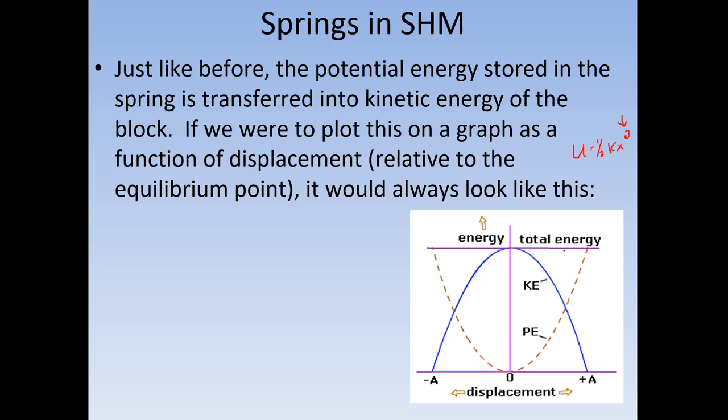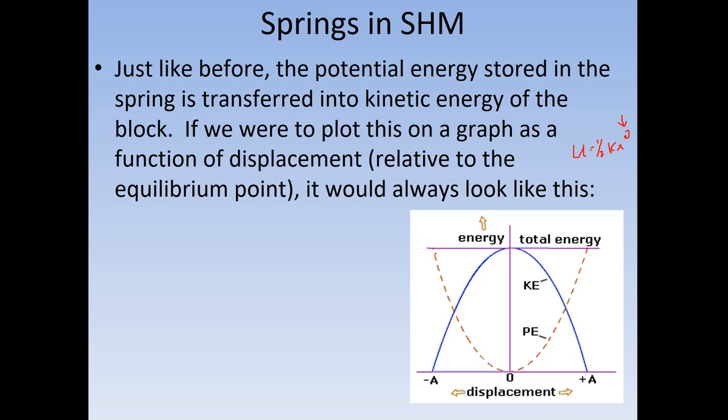And typically the graphs will always be kind of flipped versions of each other. So potential energy is, I forgot exactly what the proper term is, but we'll say an upward facing parabolic curve. The kinetic energy will be a downward facing parabolic curve.